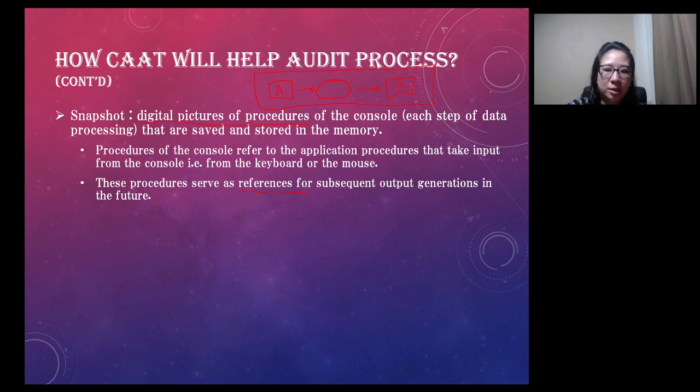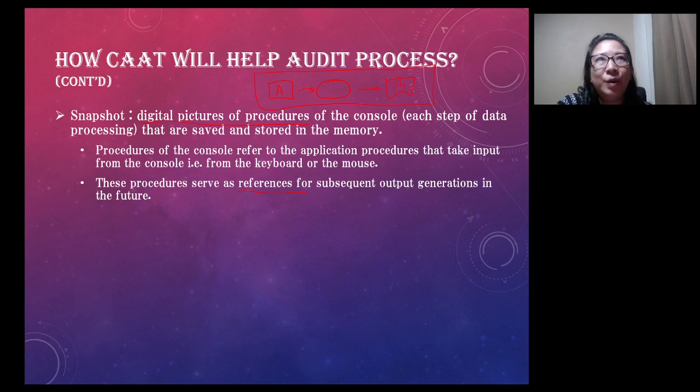So the snapshot helps us compare the procedure against what is supposed to be, since we already defined this as the correct procedure, and the next time we have another transaction, we compare it with the procedure we defined before. Okay, so that's what we call the snapshot.